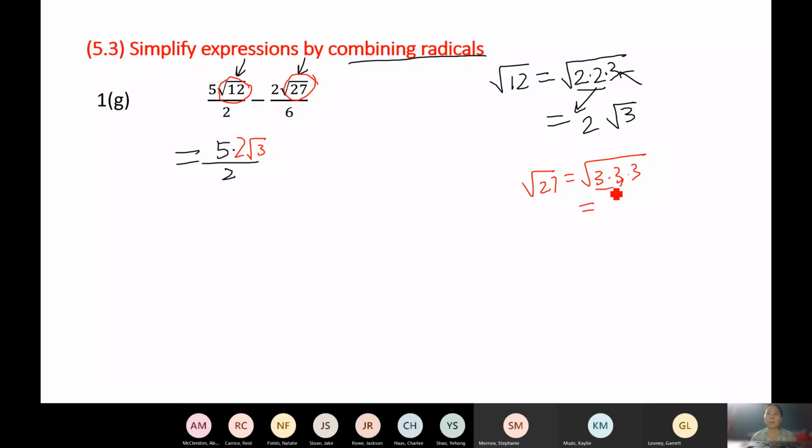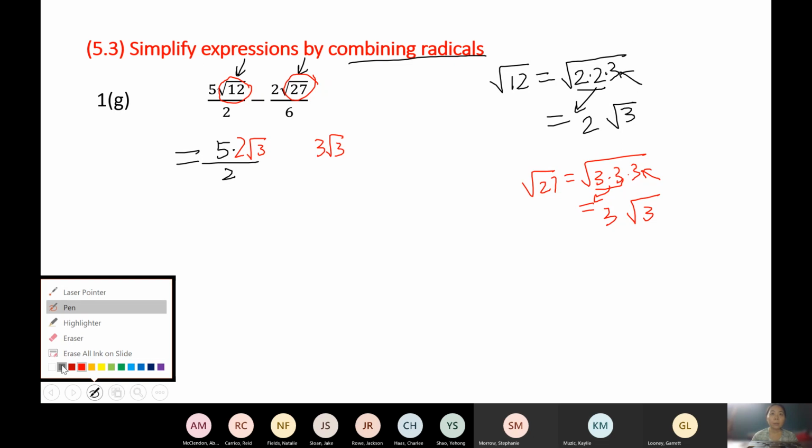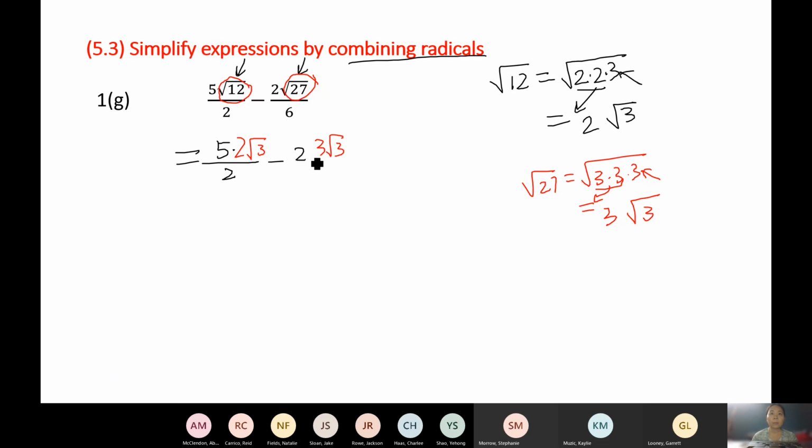And 2 copies of 3 comes out to get a single 3, and the other single 3 stays with the radical. Okay, again, there's nothing between 5 and the radical 12. That's multiplication. So that's why I have multiplication here. Okay, so the radicals, as you can see, after I simplify both of them, I got radical 3.